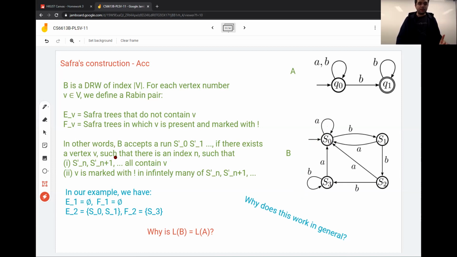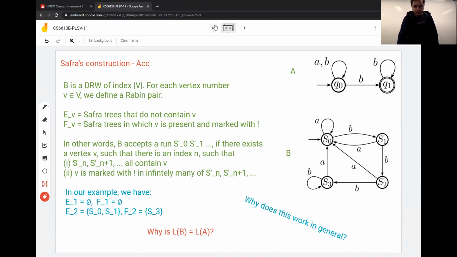If there is a vertex V such that from some point onwards, this vertex always appears in my Safra tree, so I wouldn't remove it, and also it is marked with an exclamation mark infinitely many times. So this is basically our construction.